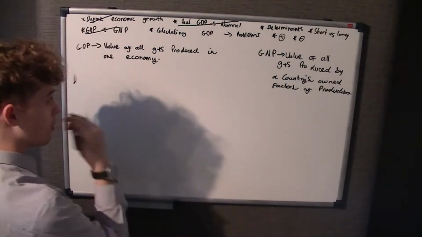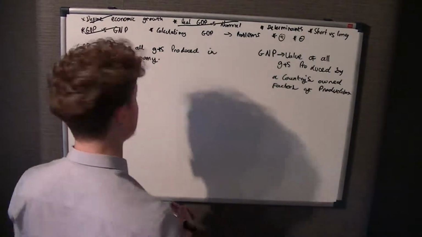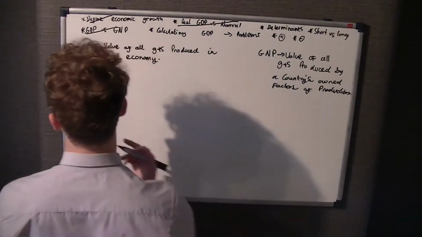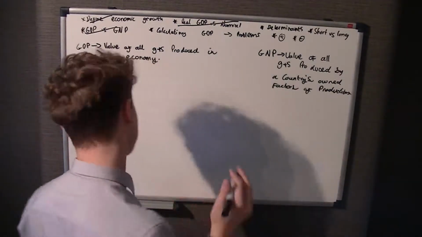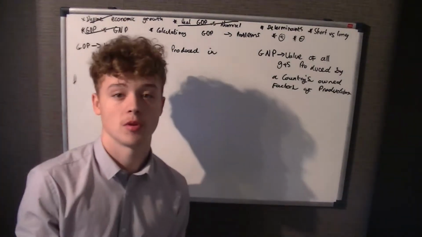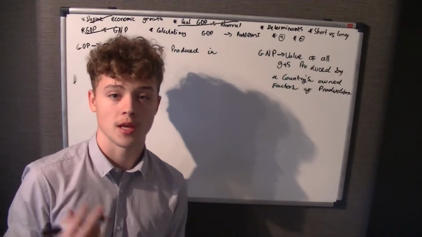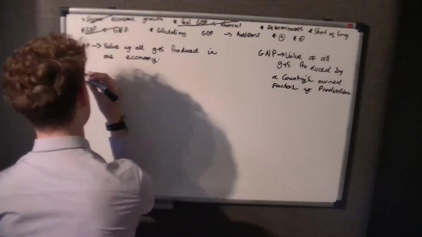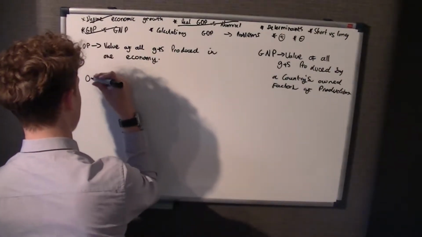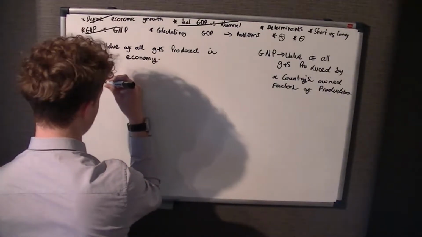So ways of calculating GDP or economic growth. Well, we could contribute to both, but we're going to go with the economic growth one. So, ways of calculating economic growth. We can do the output.